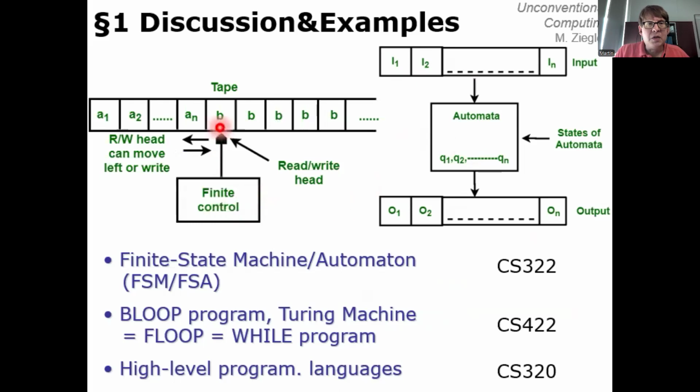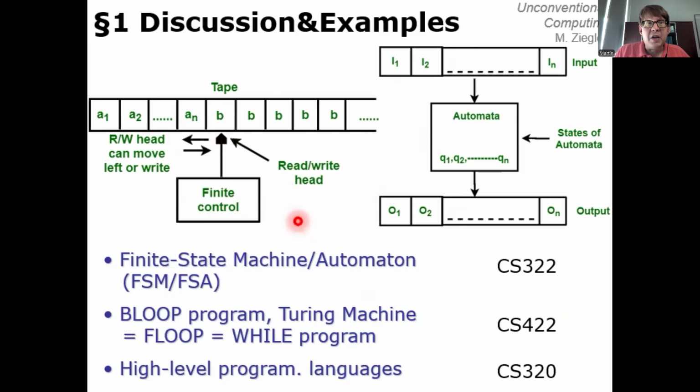It reads one symbol from the tape. Again, that could be, for example, a pair of bits. And then, depending on what it has read and depending on its state, it not just outputs, but it can also change the content of the tape, and depending on the state and what it has read, it moves the head left or right or keeps it at the current position. So that's a Turing machine.